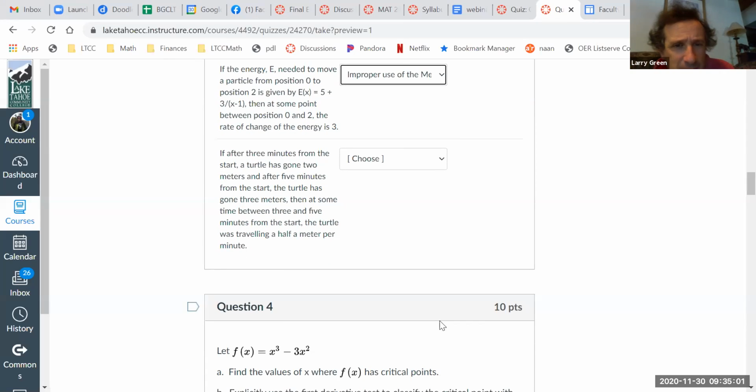If after 3 minutes from the start, a turtle has gone 2 meters, and after 5 minutes from the start, the turtle has gone 3 meters, then at some time between 3 and 5 minutes, the turtle was traveling at 0.5 meter per minute. What is that one?